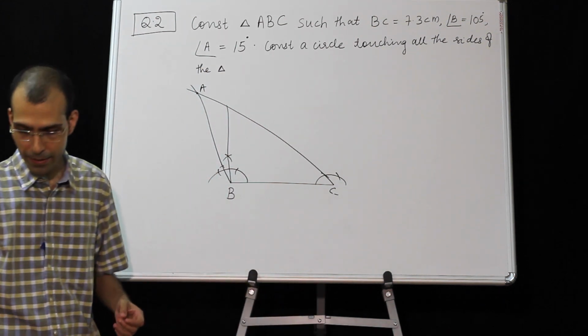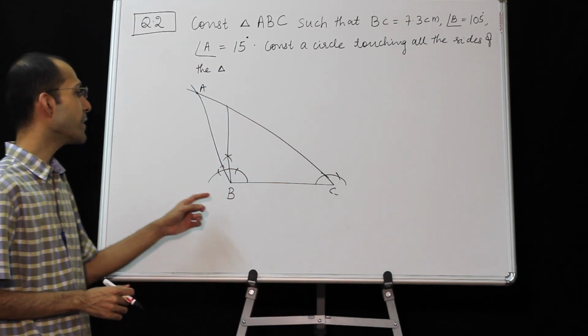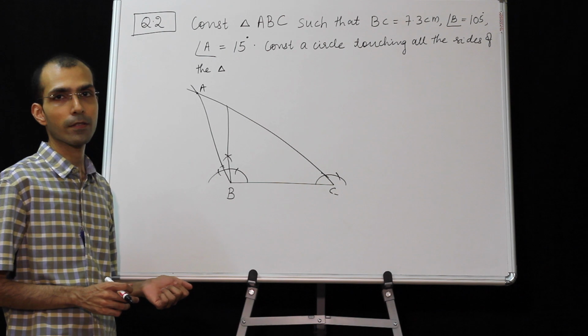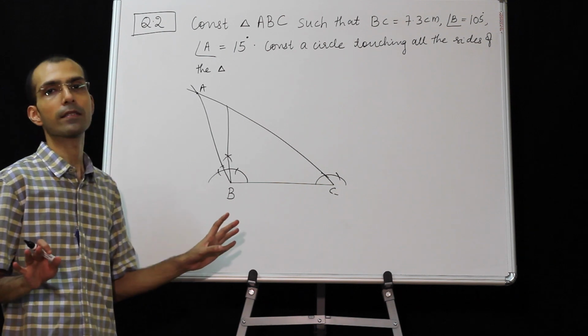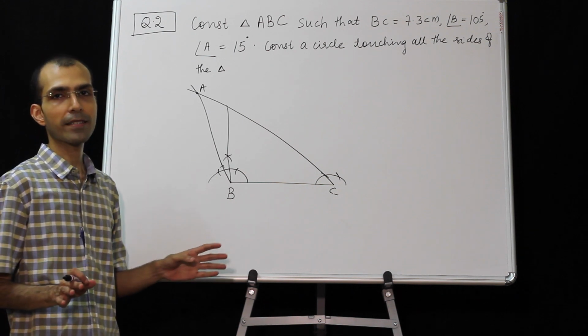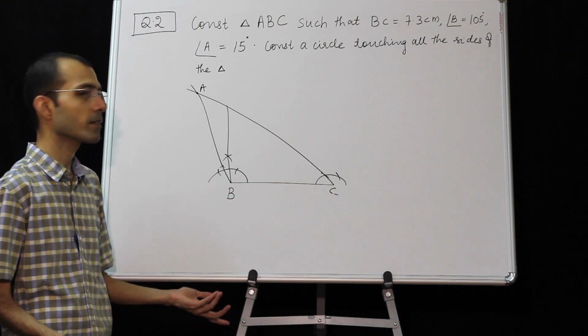To draw an incircle, we need the angle bisectors of any two angles.